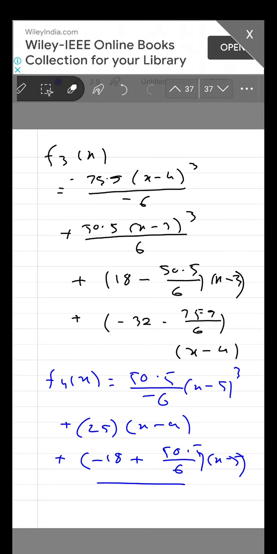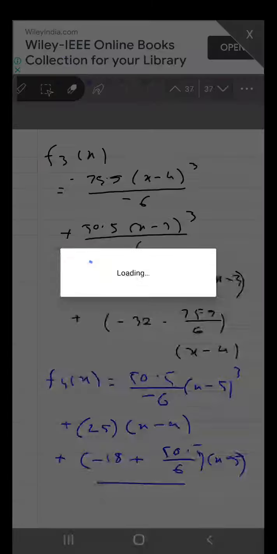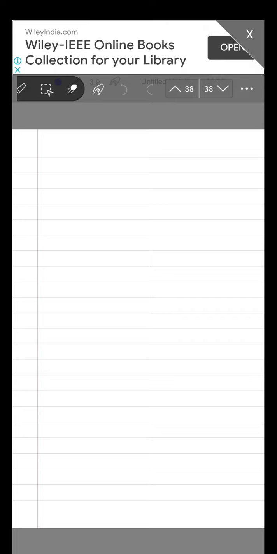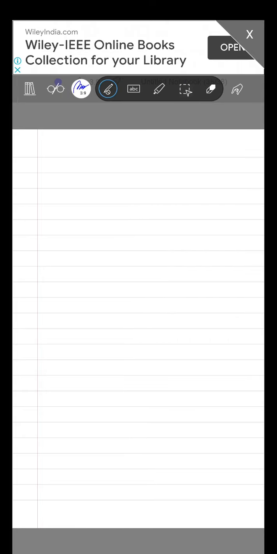So here a checkpoint, a check of the following relationship can be obtained. Let's write the values once again.